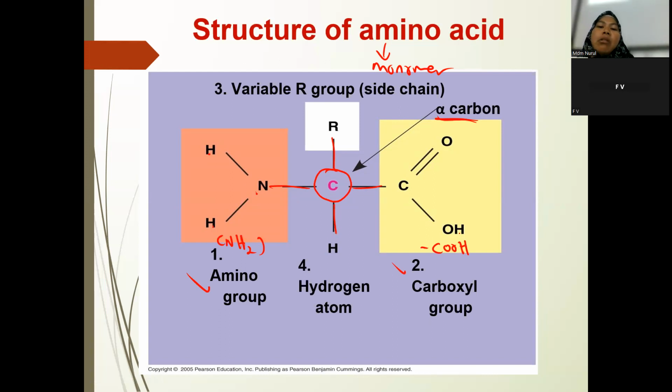So, number 2, carboxyl group. Okay. Number 3, variable group. That symbolized as R. Yang diberi simbol R. Variable maksudnya dia pelbagai. Okay. So, R ni boleh jadi anything. So, nanti kita tengok. Okay. And number 4, dia mesti ada satu bahagian yang ada hydrogen atom. Satu hydrogen atom. This one.